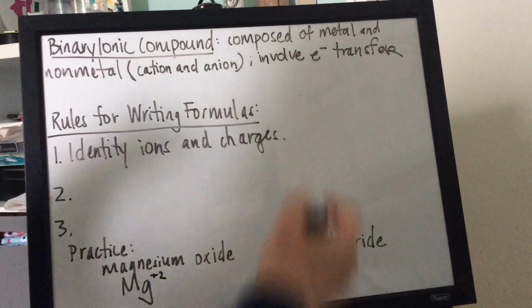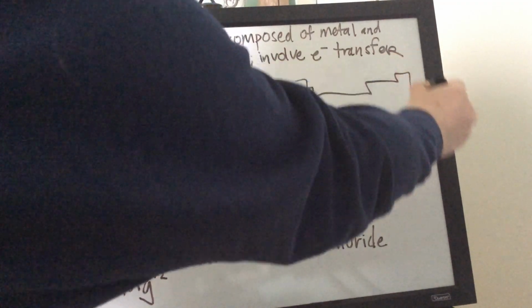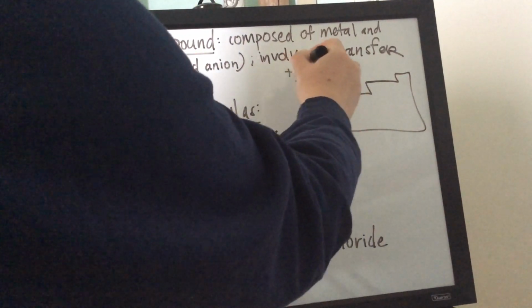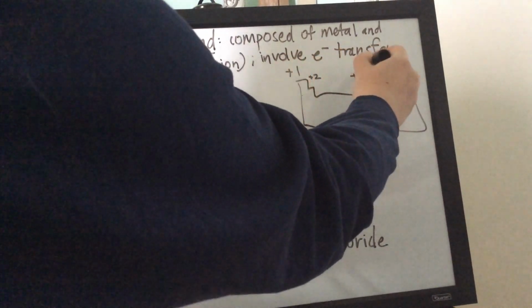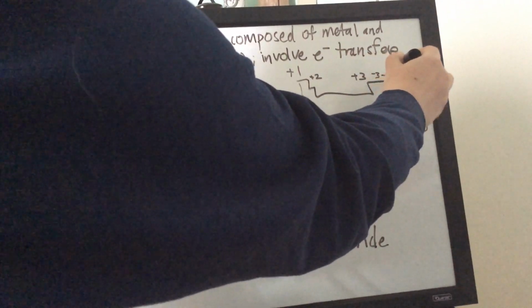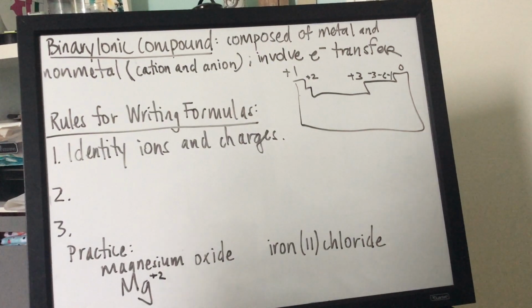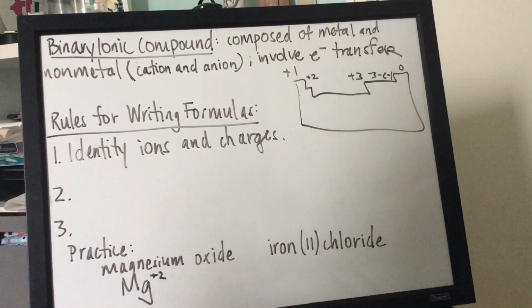If you don't remember where we got that from, your periodic table should be labeled, remember, +1, +2, +3, this one skipped, and then -3, -2, -1, and 0. Those are charges from the discussion of satisfying the octet rule and gain and loss. So magnesium's +2.